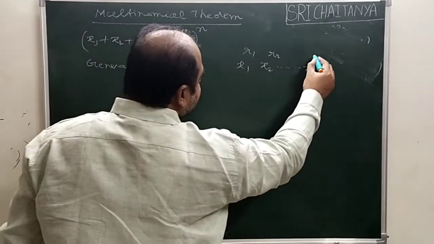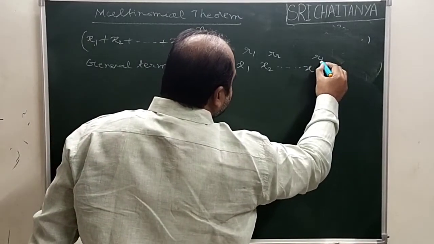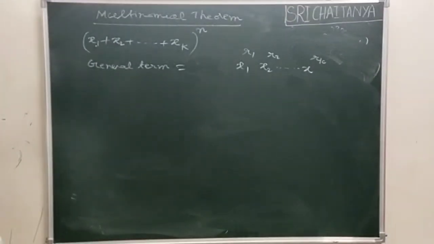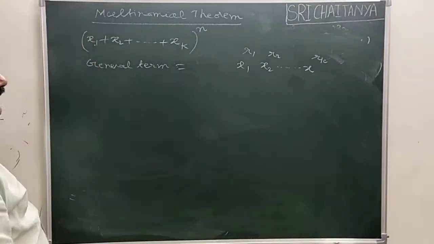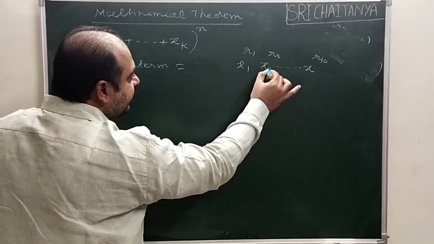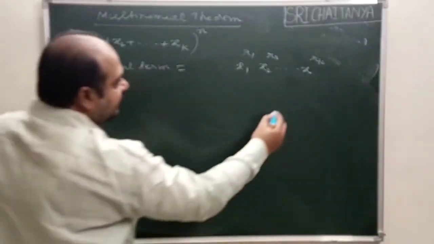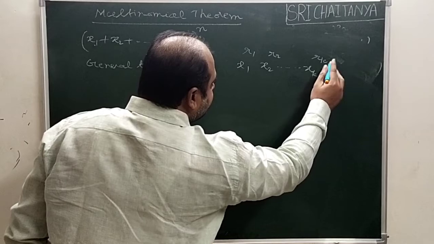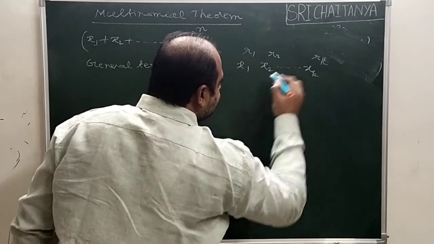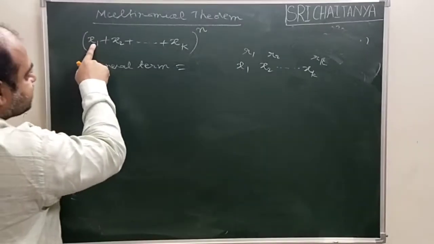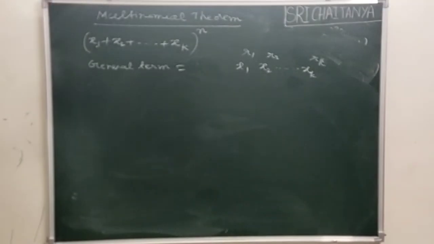You assign a power to each variable: x1 to the power r1, x2 to the power r2, and so on up to xk to the power rk. First assign these powers to the variables.